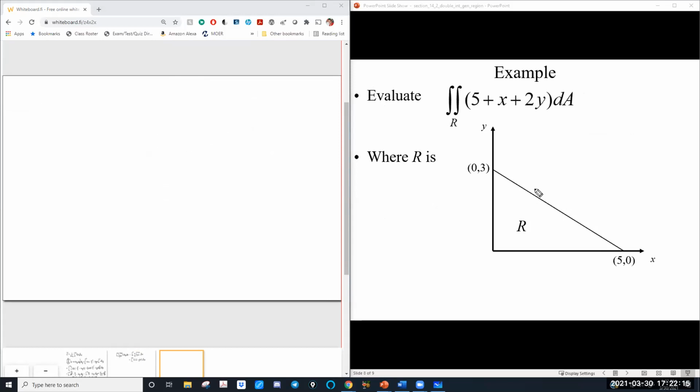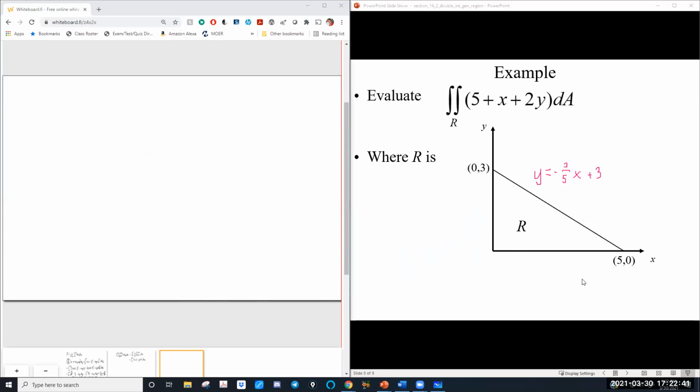So we need to give it a function for this line right here. What do we have? We have a y-intercept of 3. It's going down 3 and over 5, so a slope of -3/5. So y equals -3/5 x plus 3 would be the equation of that line.